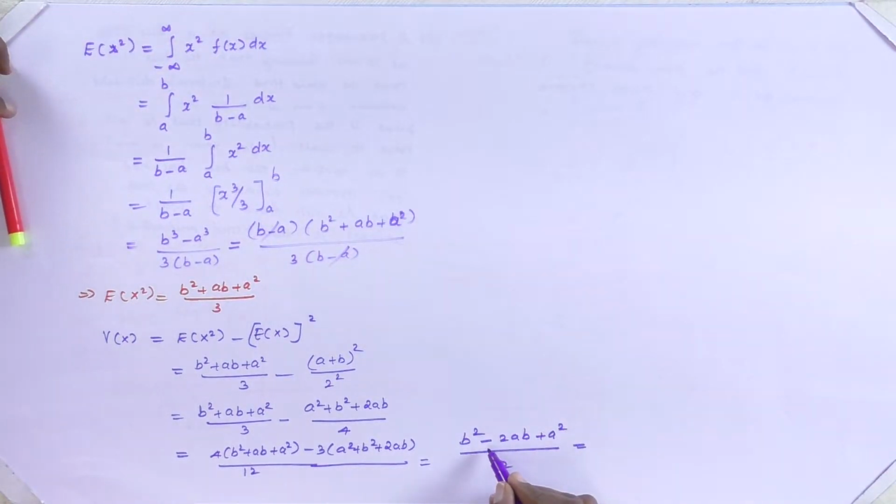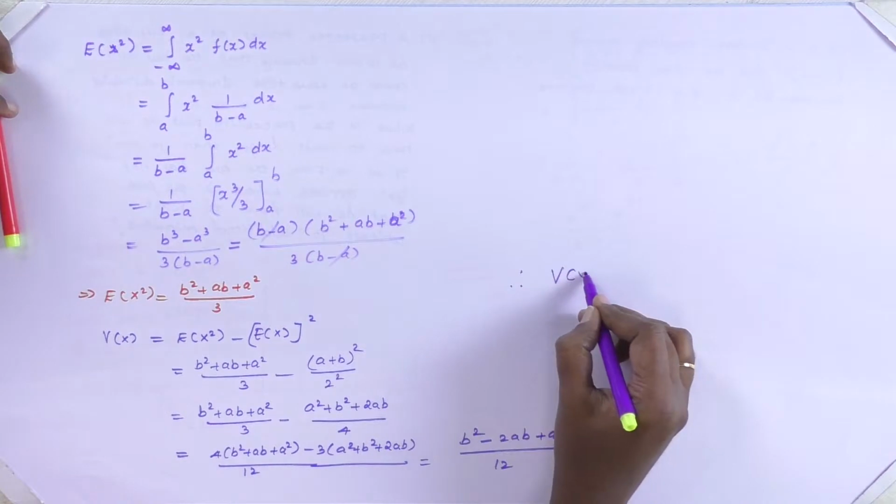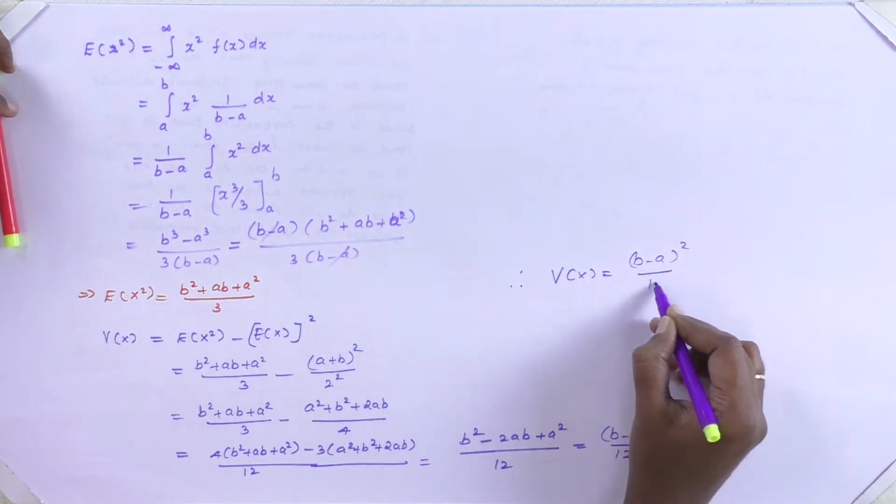Which implies a minus b the whole square, or b minus a the whole square, which is the variance. Therefore, variance is equal to b minus a the whole square divided by 12.